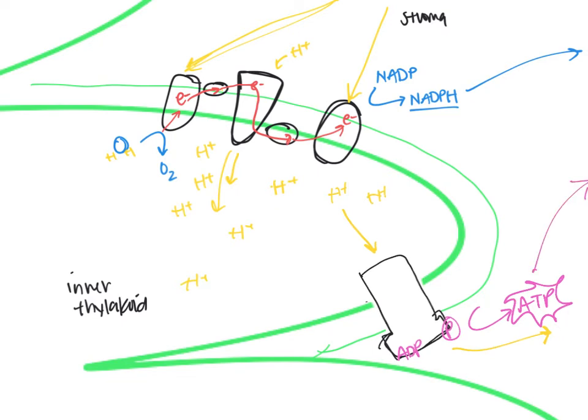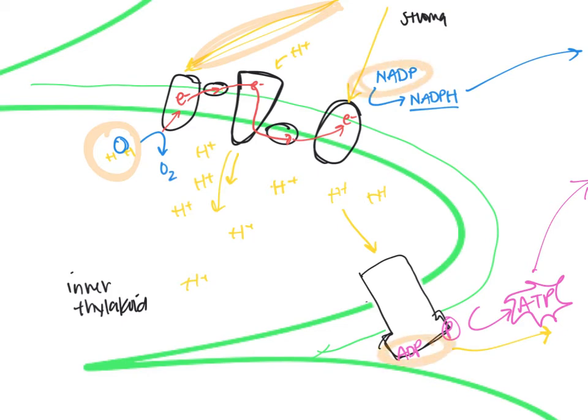So here we have part 1, the light-dependent reactions. I'm going to get my highlighter out and do this in orange. With my light-dependent reactions, let's look at our reactants. We have light, we have water, we have NADP, and we have ADP.